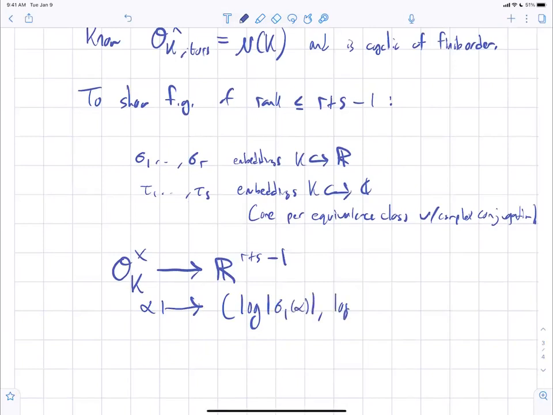Let me call this map L. I look at all these embeddings, and after each one I take the standard absolute value on the real or complex numbers. For the complex ones, I actually want to take 2 times it, for a reason I'll explain in a second, basically just because I have these pairs.